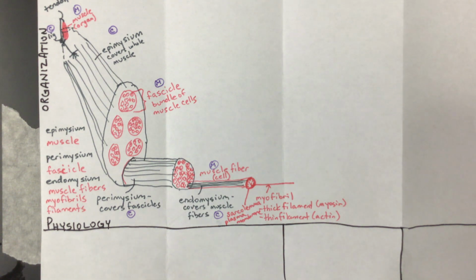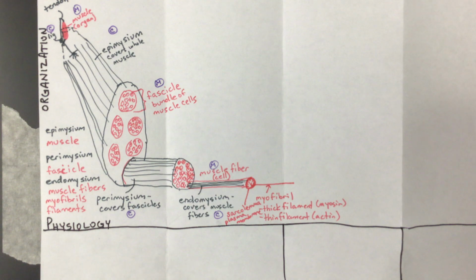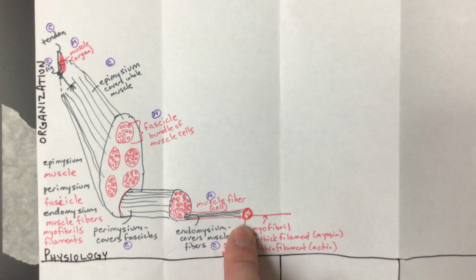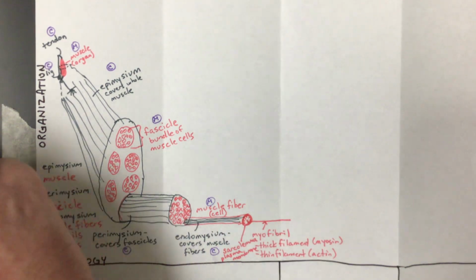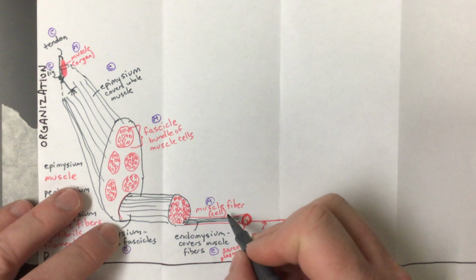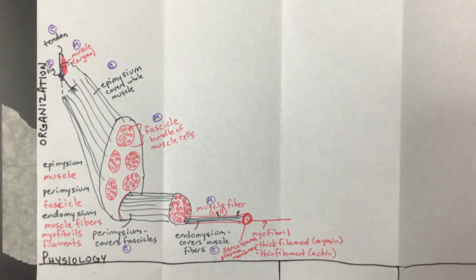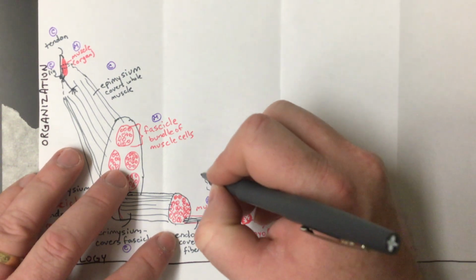All right, so this is how muscle is organized. To see how muscle gets excited to contract, I want to zoom in on just this. We're going to take this section right here, and we're going to blow that up. So let's do that.